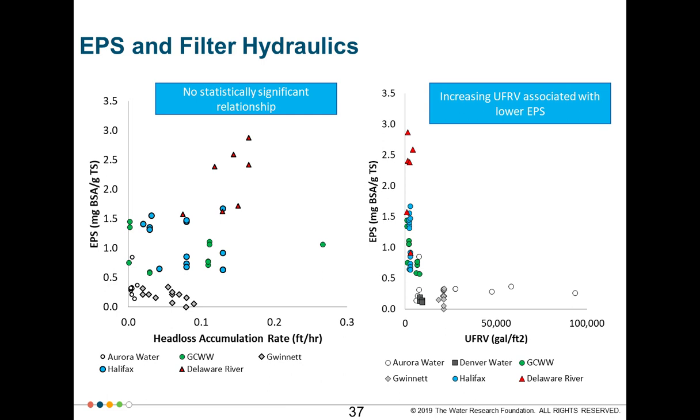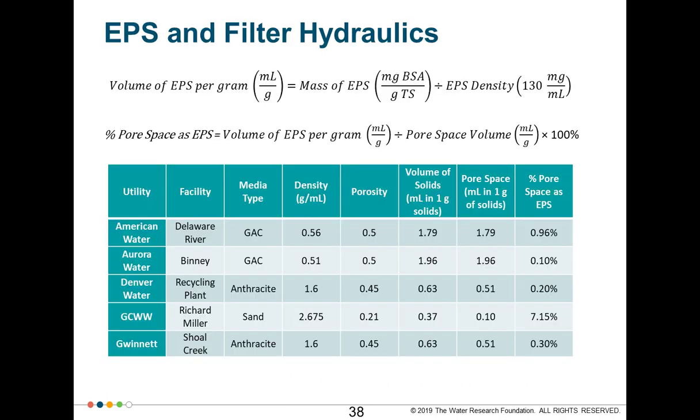We did see at 1 utility, at Delaware River, a positive relationship between head loss accumulation rate and EPS concentrations, but we weren't able to show statistical significance with that positive relationship, and so we do not think that EPS should be recommended as a tool to be used for tracking filter hydraulics.